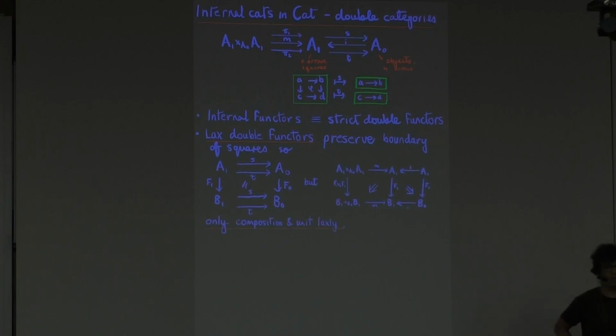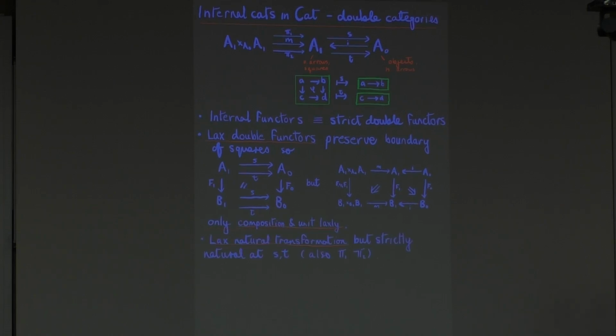But they only commute with the structural operations in a laxer sense. Like this. So it's like a lax natural transformation, but whose components are strict at the source and target projections, and also the pullback projections.